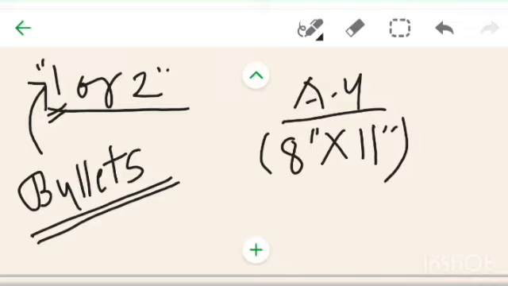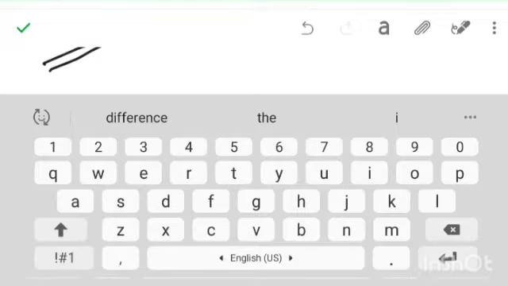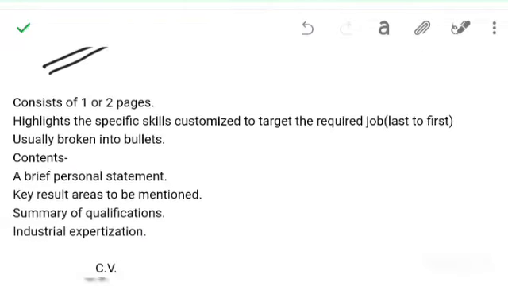In fact, BTech and MTech students too prepare resume. Then you also have to mention your key result areas, like your strengths. What are your strengths? You have to mention that. Summary of your qualifications, what qualifications you hold. All this is to be written in the content. So this thing you will study here.